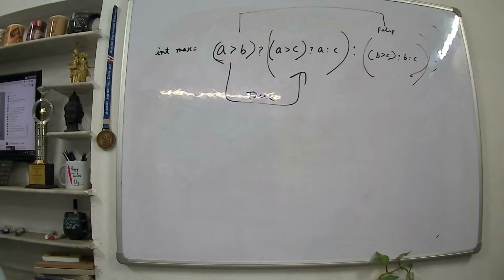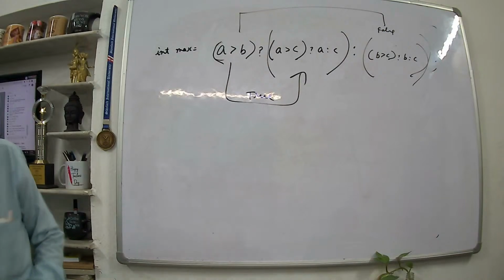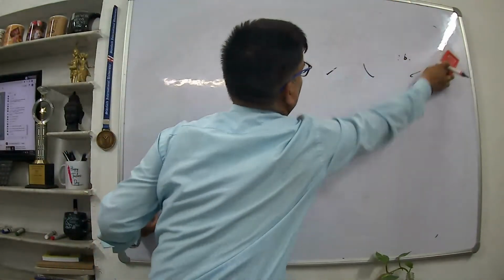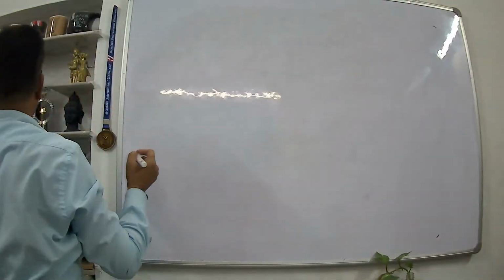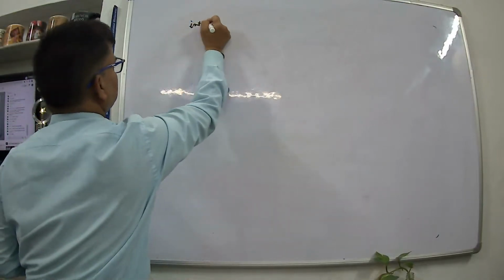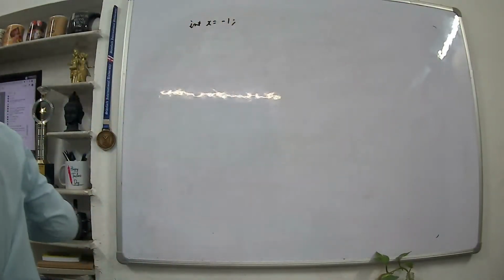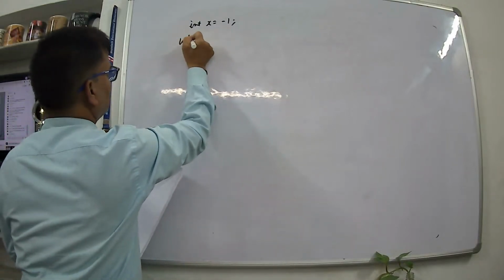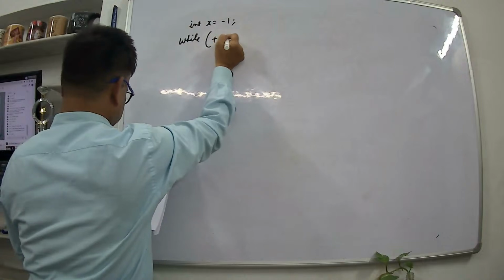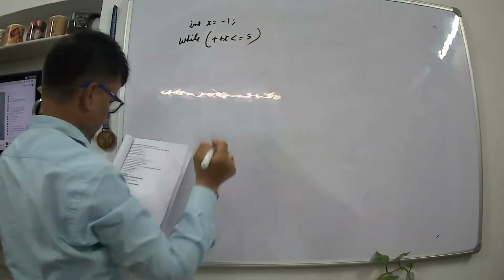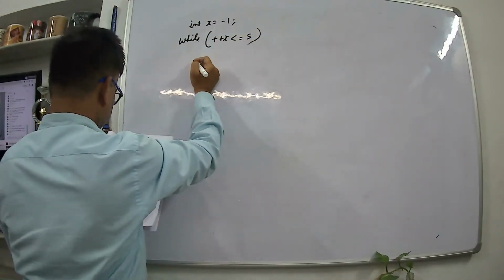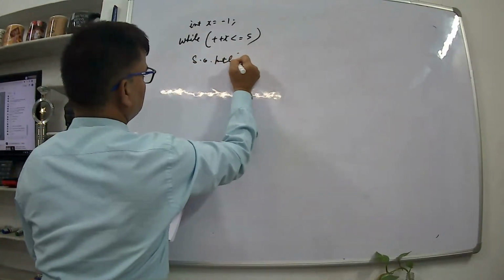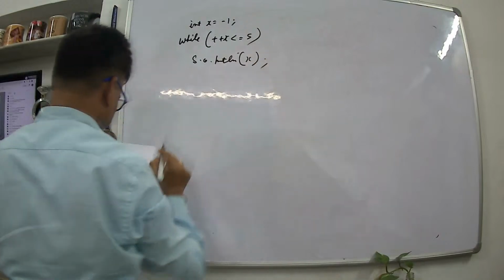Now, if I say I have int x = -1, and then while (++x <= 5) System.out.println(x).